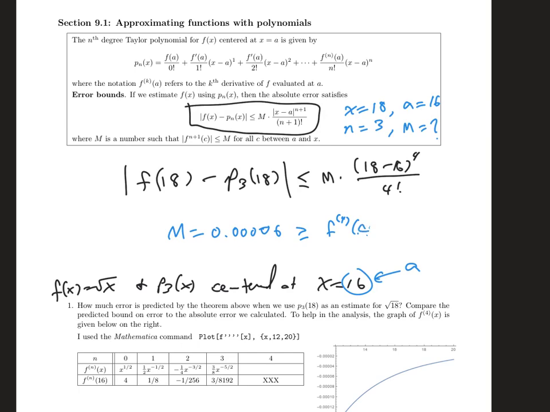It's bigger than the absolute value of the fourth derivative at c for all c between 16 and 18. So in other words, between the x and the a, the point of the approximation and the center of the approximation. So that's what the m is, and we got that by looking at a graph of the fourth derivative and only paying attention to the region between 16 and 18.